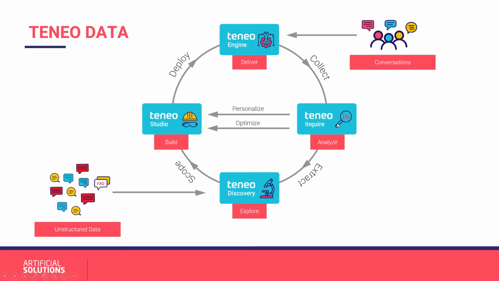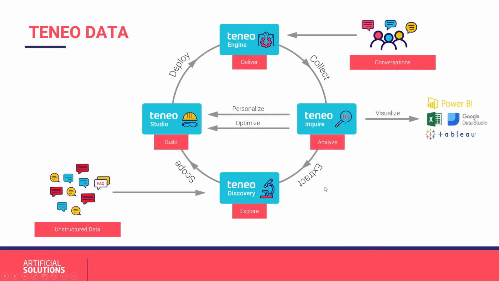Now, Teneo Inquire also comes with an analytics API that will make your data available to any business intelligence tool of your choice, allowing for thorough statistical data analysis and visualizations through dashboards, reports, etc.